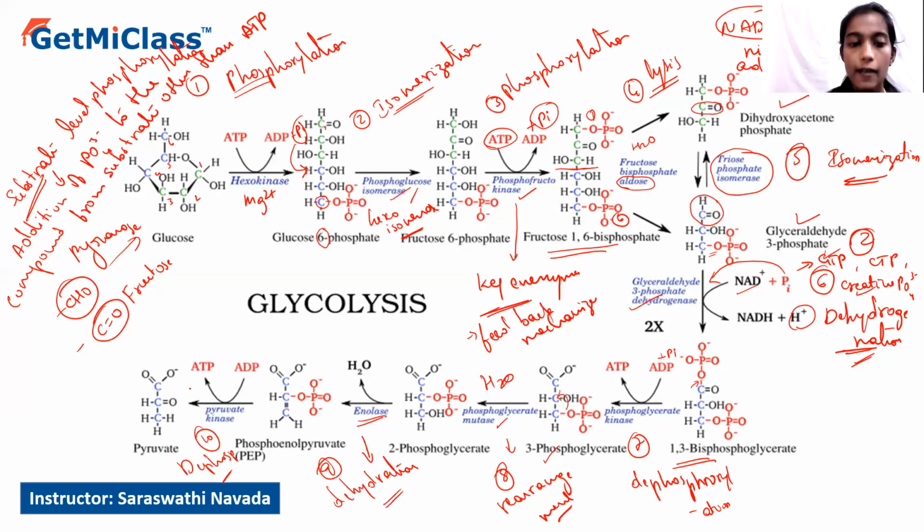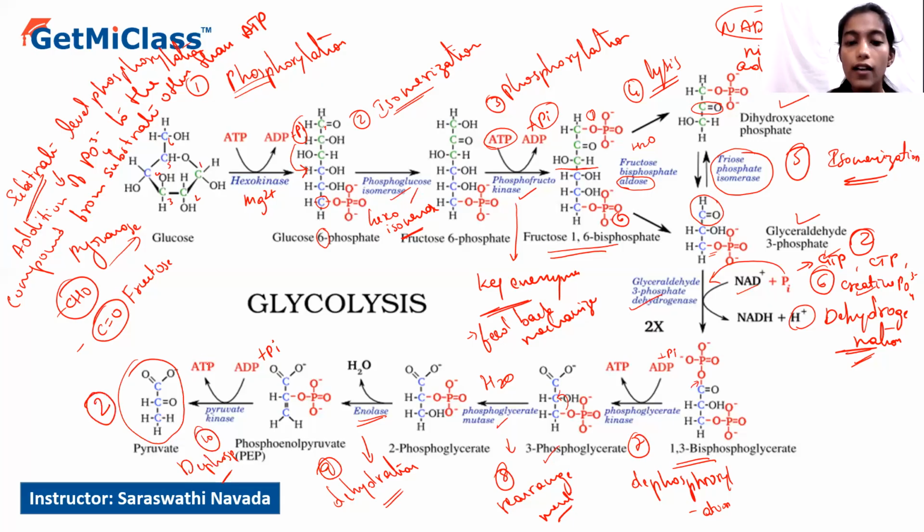Here the phosphate released from the phosphoenol pyruvate will be accepted by the ADP molecule in order to form ATP. So the resultant end product of glycolysis will be pyruvate. As every reaction from glyceraldehyde 3-phosphate is occurring 2 times, we'll get 2 molecules of pyruvate at the end.